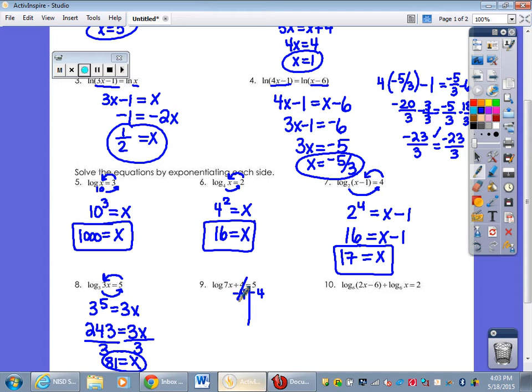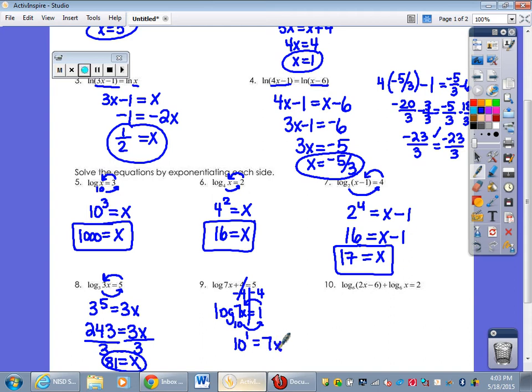But because it's not, this is actually log 7x and then plus 4 equals 5. So this is the part that's part of the argument. So because of that, we have to take away the 4 first. So this is going to be log 7x equals 1. Now we can recycle. We can do 10 to the 1st power equals 7x.